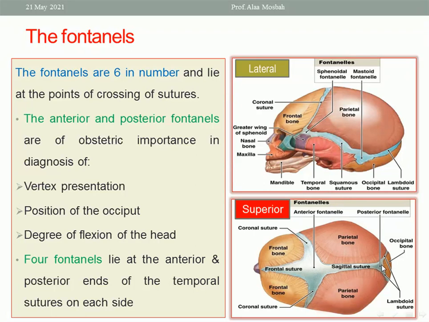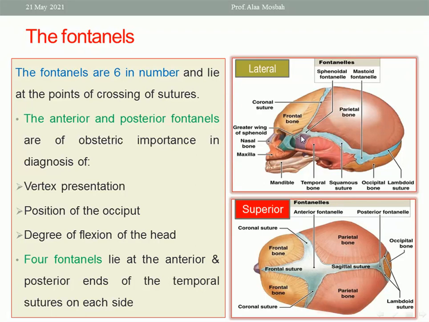And this is of obstetric importance because it helps in diagnosis of vertex presentation, the position of the occiput, and the degree of flexion of the head. Another four non-obstetrically important fontanelles you can see in the other picture upward here in the lateral view.